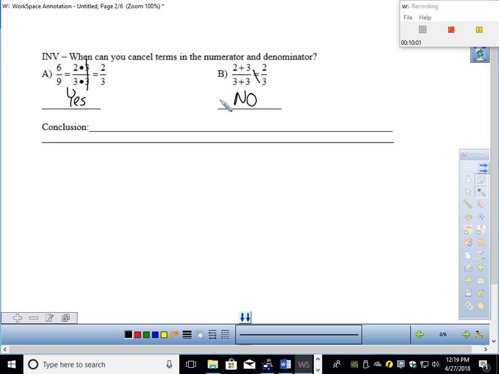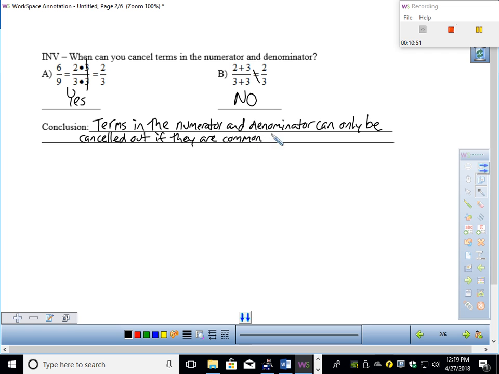So let's put that in. Terms in the numerator and denominator can only, and this is the key, can only be canceled out if they are common factors.